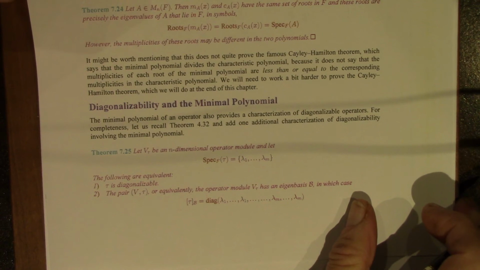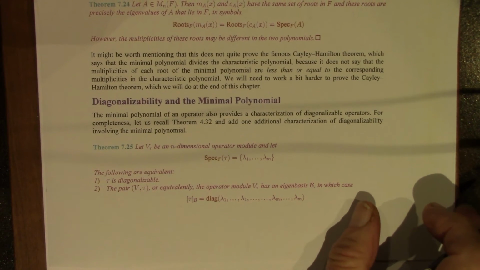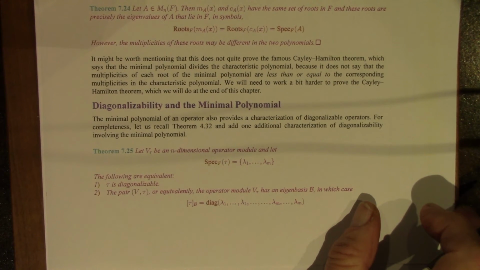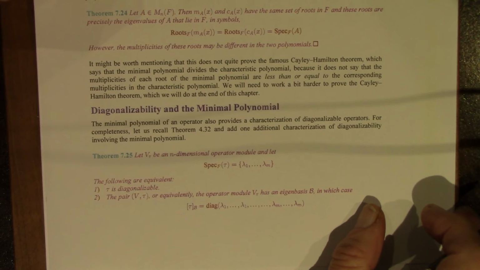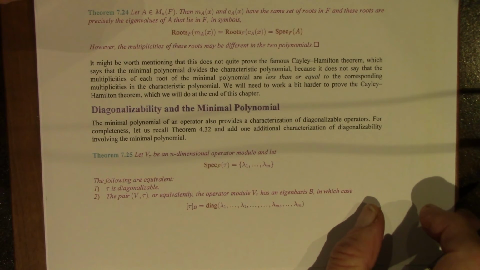Cayley-Hamilton is one of the cornerstone theorems. It's going to take a little more work to prove, and we'll do so at the end of this chapter. So we've got a fair amount of ground to cover before we can give an elegant proof of the Cayley-Hamilton theorem.